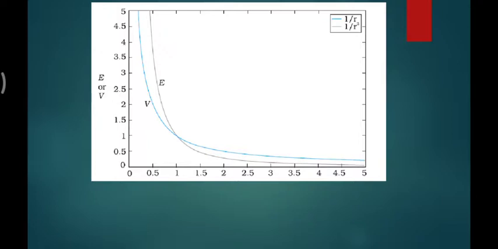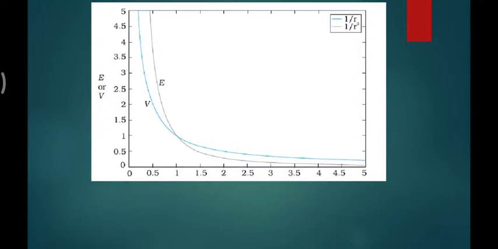Why? Because there is an R square term in the denominator, while in the potential we have only KQ upon R. It will not diminish as fast as the electric field because it is only 1 upon R. Again taking the same example, you are at 1 meter and you find the electric potential, something will come. Now at 2 meter, it is 1 upon only 2, there is no square, so it divides by half.